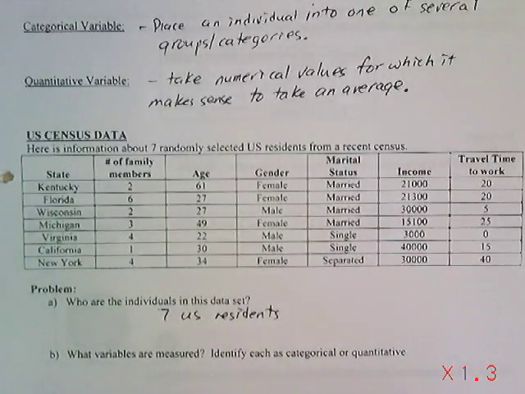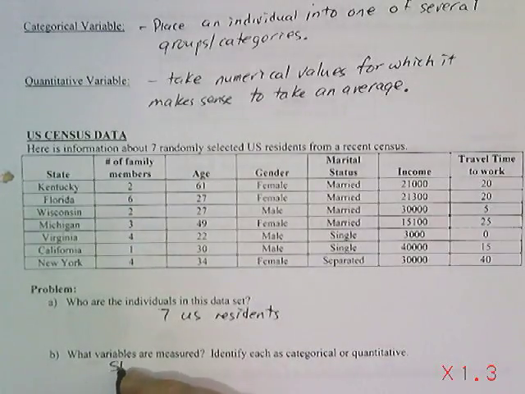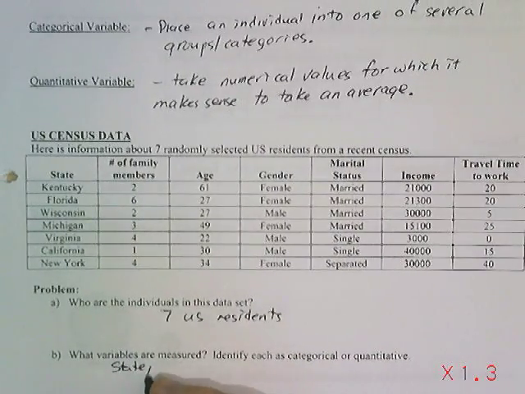And the last question says, describe the individual in the first row. Okay.